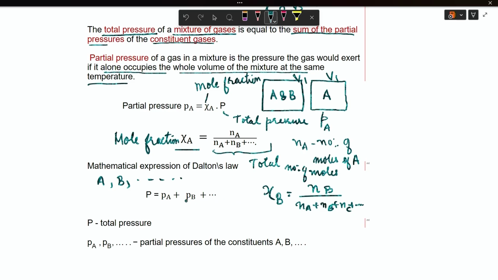It is the sum of partial pressures of individual gases, where capital P stands for the total pressure, and P A, P B, etc. are the partial pressures of the constituents A, B, etc.